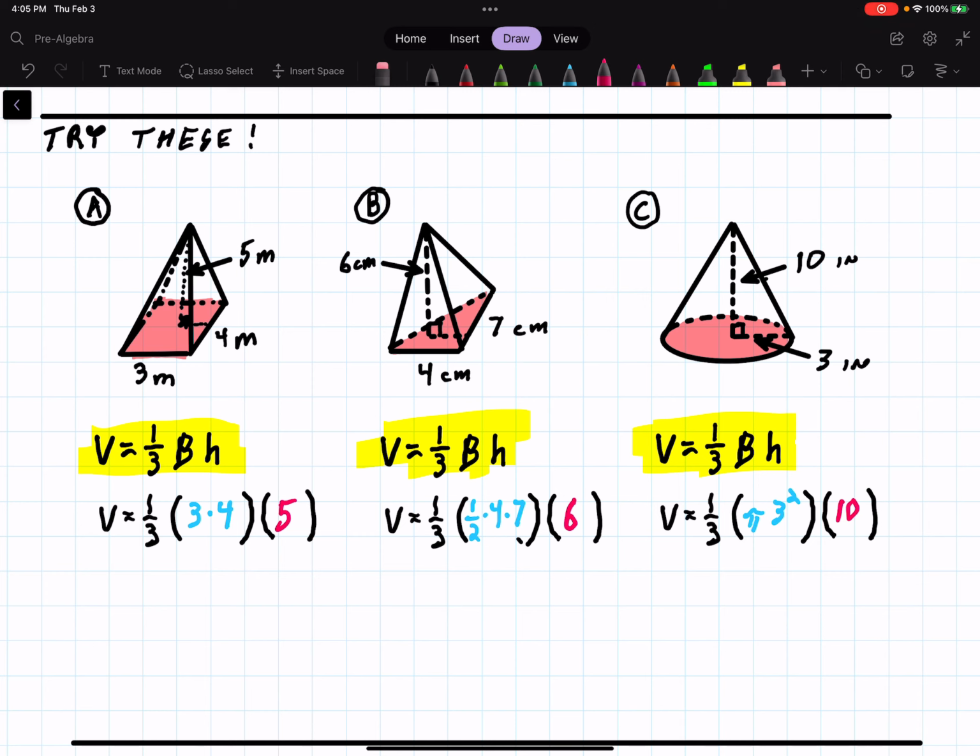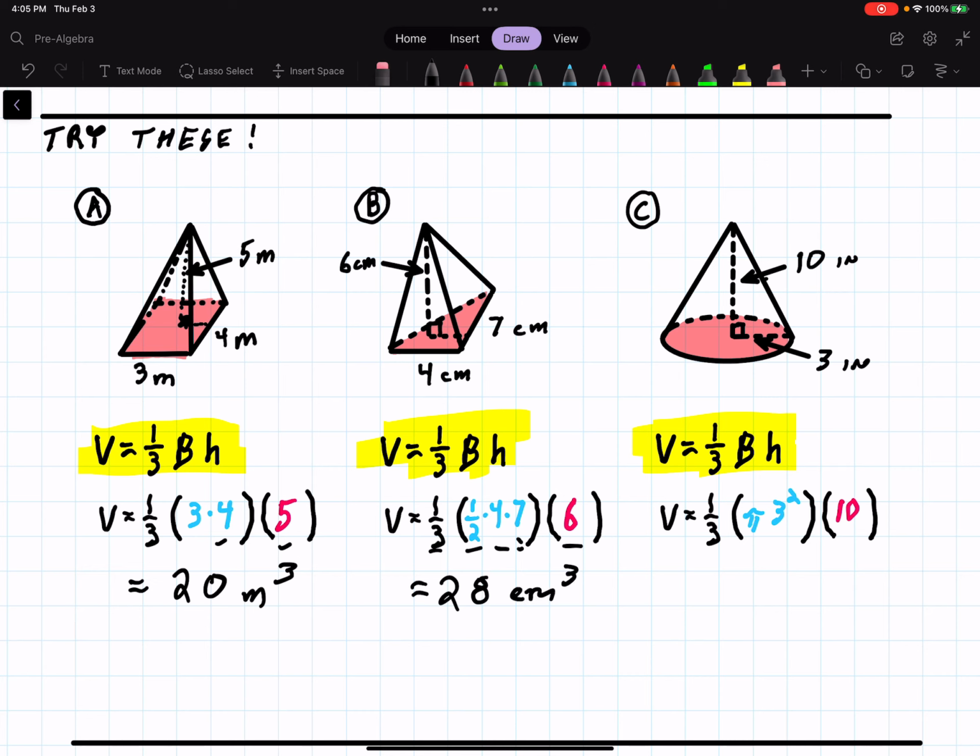And now we multiply those all out. 1/3 times 3 is just 1. So we end up with 4 times 5, which is 20 meters cubed. Over here, we end up with 1/3 times 1/2. That's 1/6 times 6 is 1. So all we're left with is 4 times 7, so we end up with 28 centimeters cubed.